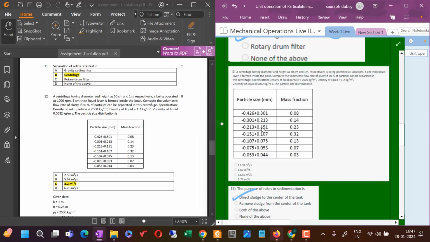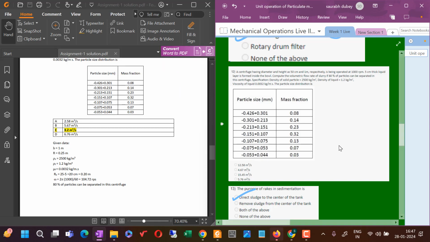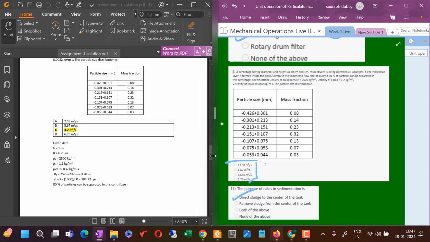Okay, so when you solve it, the options should have been 2.58, 5.67, 3.2, and 6.76 meter cube per second. Meter cube per second in all the three. And this is the correct answer. So 3.2 is the correct answer for the given question.